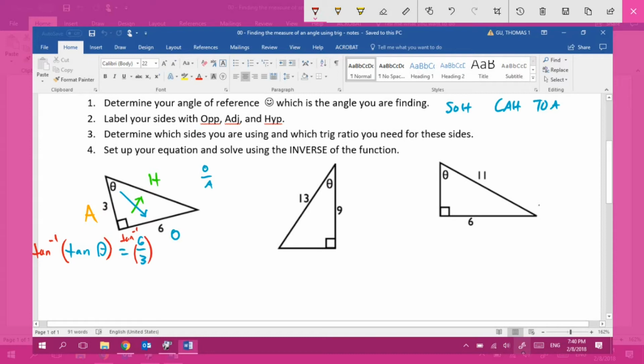Look at this. This inverse tangent right here would cancel out the tangent on the left side, and then on my right side, this is going to leave me with theta equals the inverse tangent of 6 over 3. And how would I actually find that number?